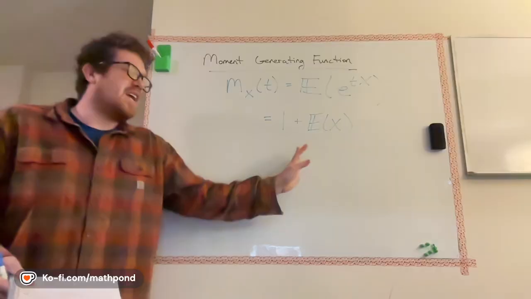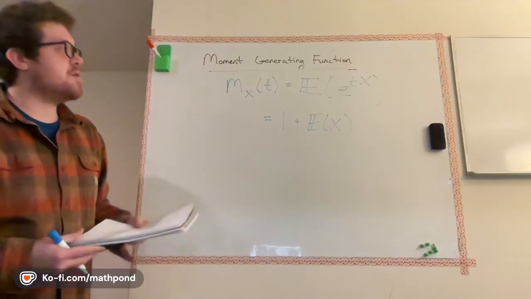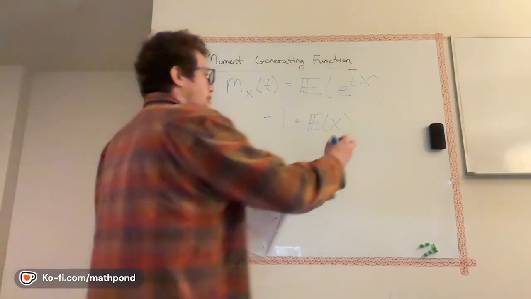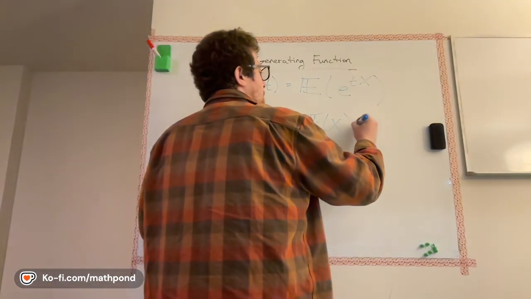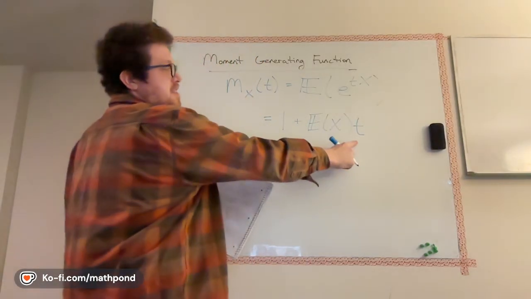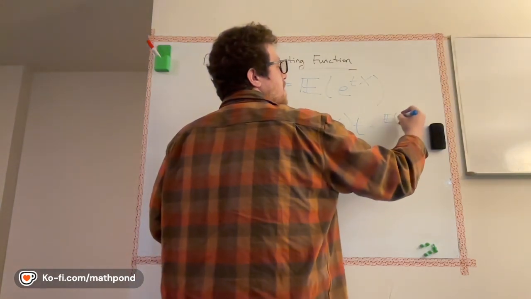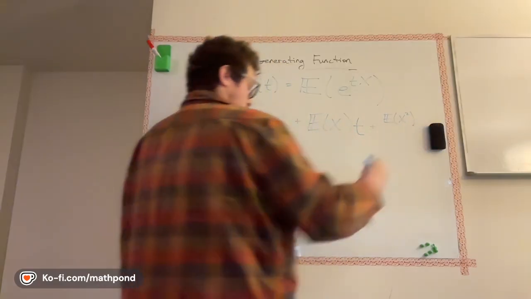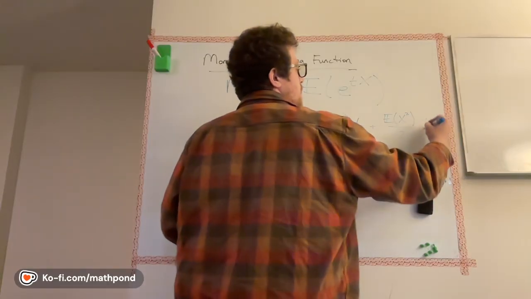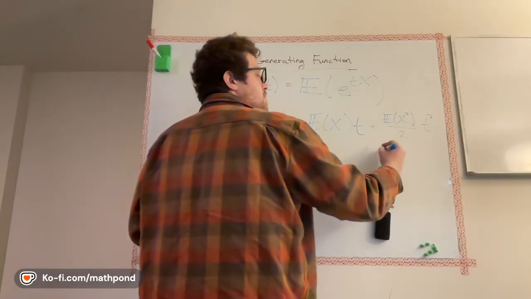This function doesn't necessarily have to exist, that's one problem with it, but let's assume all the moments exist. So 1 plus the expected value of X times t plus the expected value of X squared over 2, t squared. And then there's going to be some higher remainder terms.